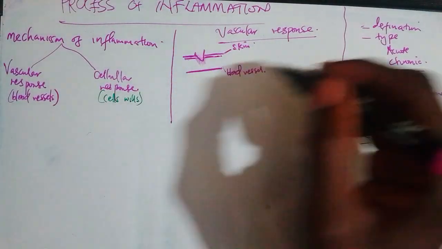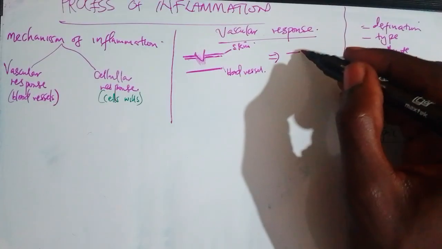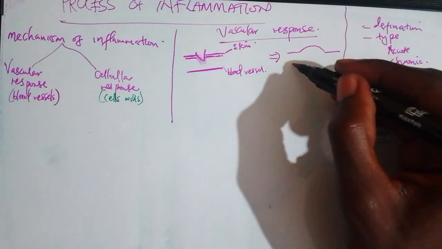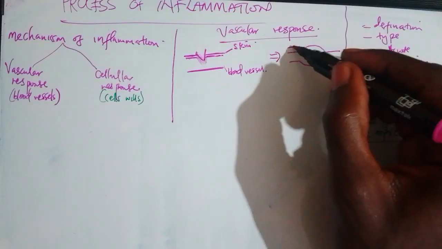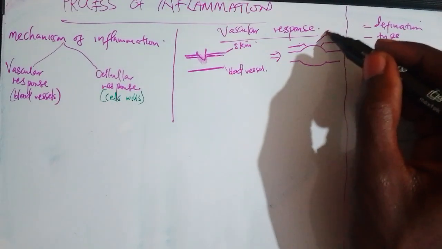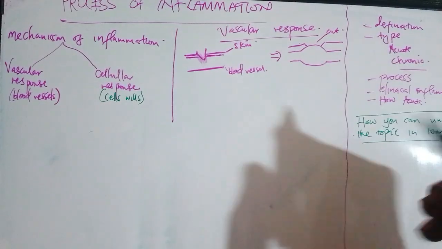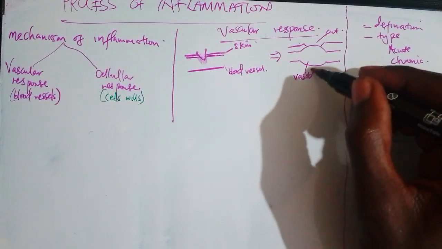So immediately you cut yourself, the blood vessel will become vasodilated. So imagine this is your skin, then here you have a cut. So your blood vessel will undergo what is known as vasodilatation.